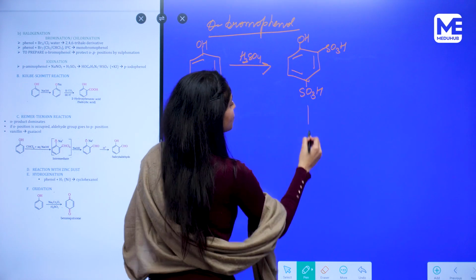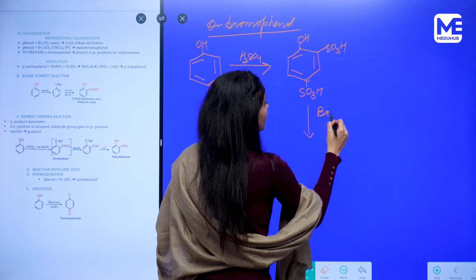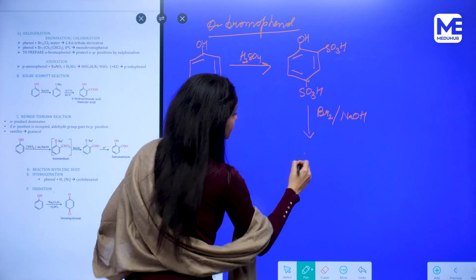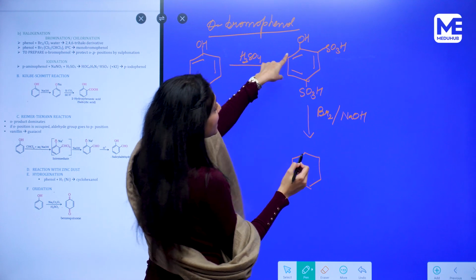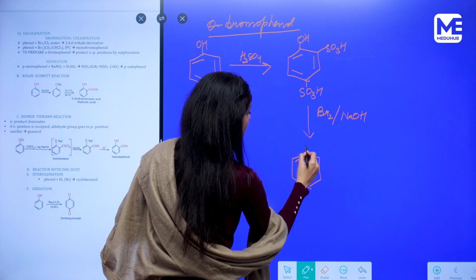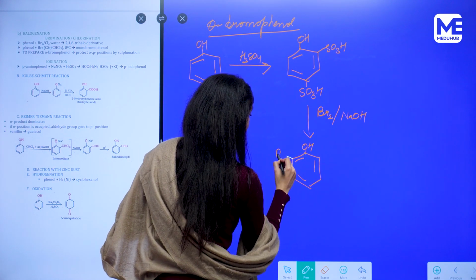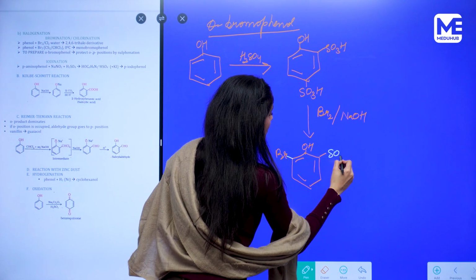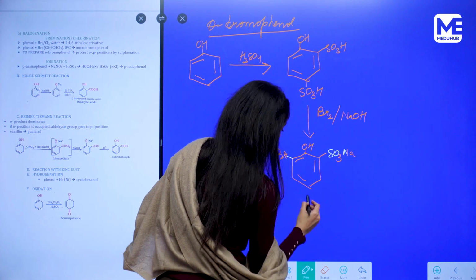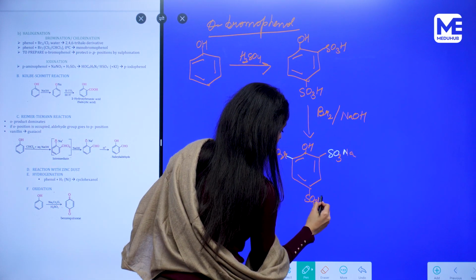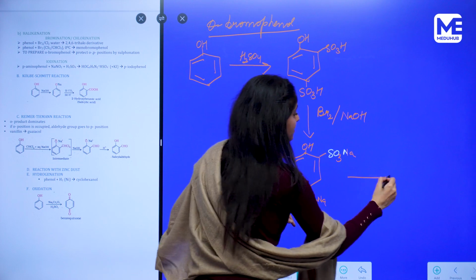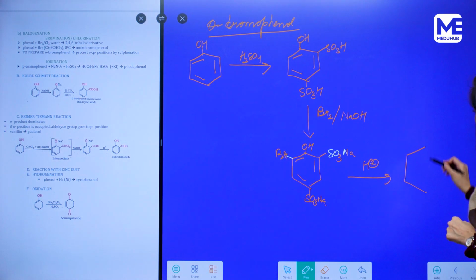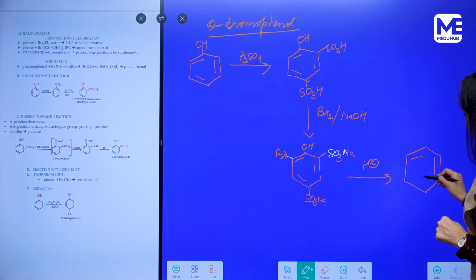Now this is treated with Br2 in NaOH. The remaining ortho position is bromo substituted now. These two remain like this, forming a sodium salt, SO3Na. This on acidification gives us the desired product, that is ortho-bromophenol.